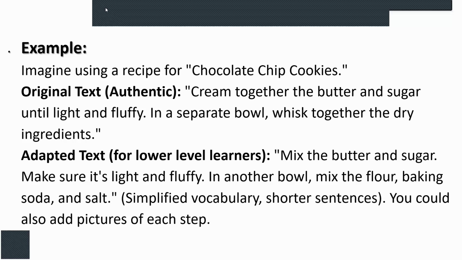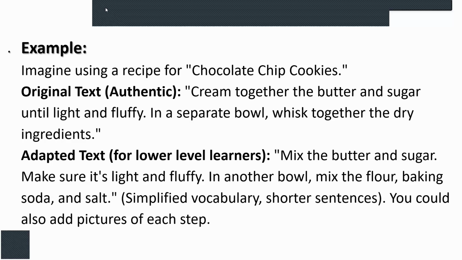Okay, this is a very simple example. Even without my explanation, I suppose you can understand it. So just imagine the resource or the text the teacher found is about how to make chocolate chip cookies. Okay, this is a Western example.